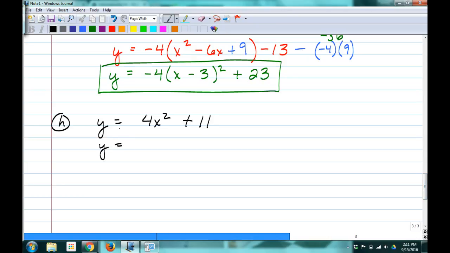Like, there's something special about this one. What's missing in the standard form there? B. So it's really 4x squared plus something plus 11. What's the something in the middle? 0x. So that's really what's there.